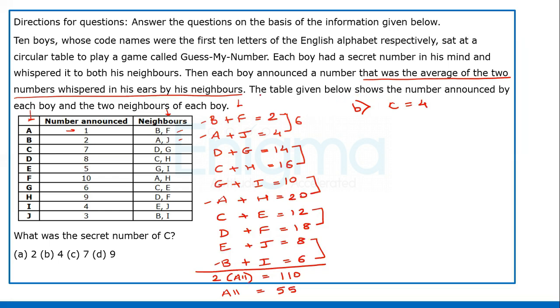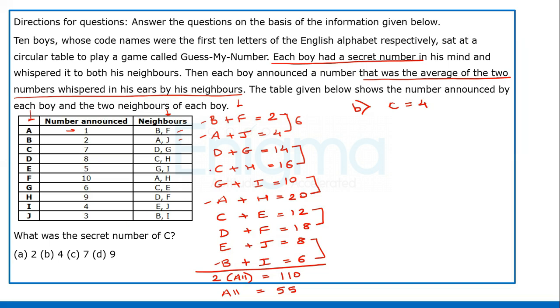Now let's put in the values. Okay, now each boy had a secret number in his mind and whispered it to both his neighbors. Okay, so that means each boy had one same number, only one number, and he had whispered it to both his neighbors. So now we have C equal to 4.